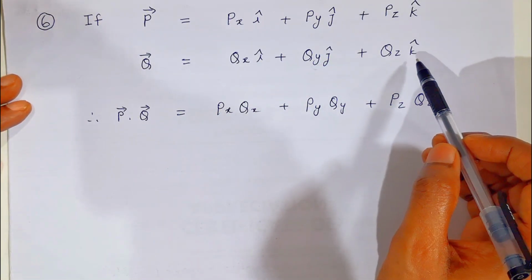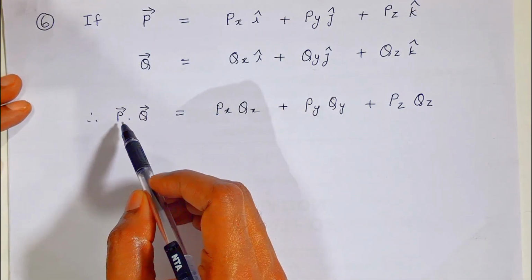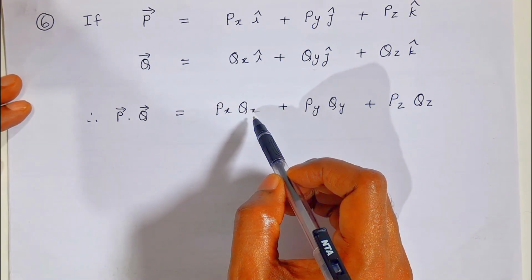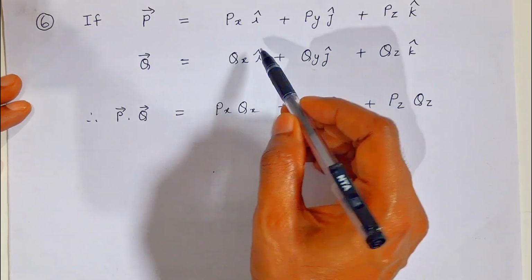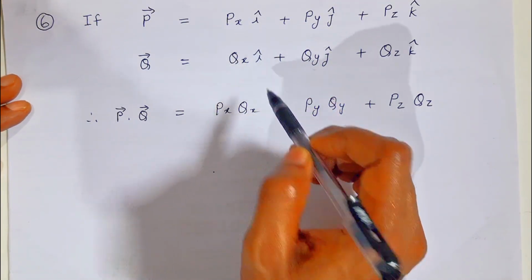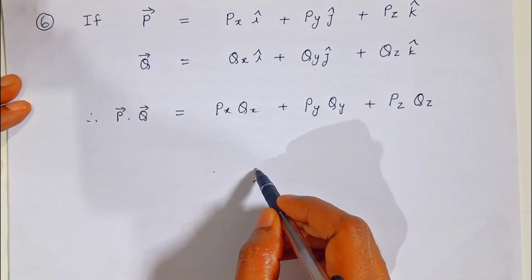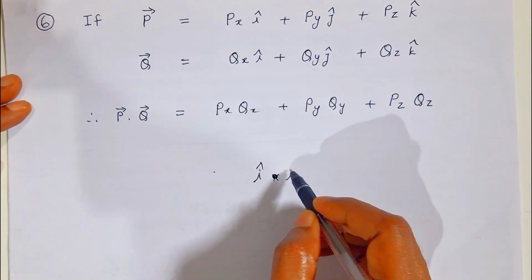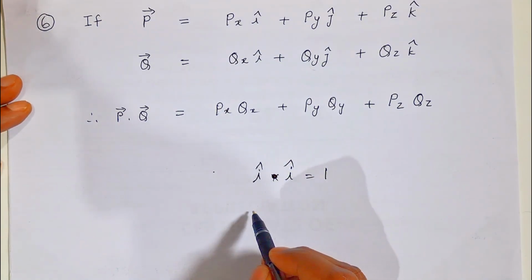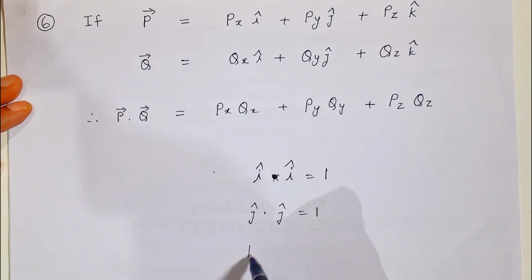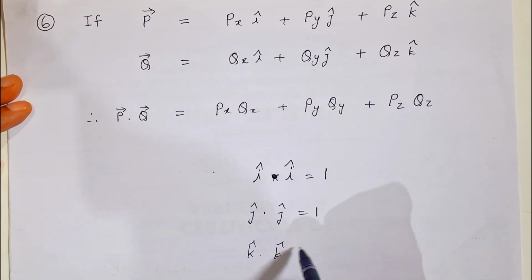Now when you take the scalar product, that is p bar dot q bar, it is nothing but px qx and so on. The dot product of i cap with i cap is always 1, j cap with j cap is always 1, and k cap with k cap is always 1.